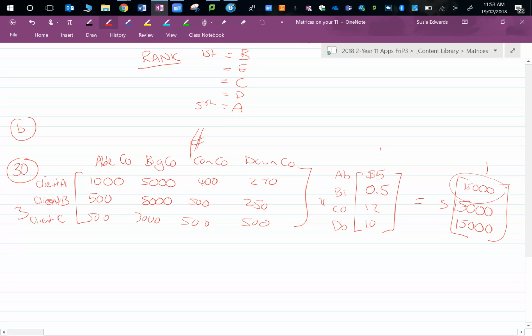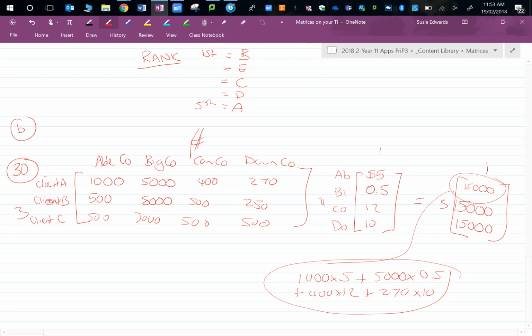For this first one, just as a reminder, it is 1,000 times 5 plus 5,000 times 0.5 plus 400 times 12 plus 270 times 10. So we're just doing that multiplication. However, because you've got your calculator, you can use it. Any questions about that?